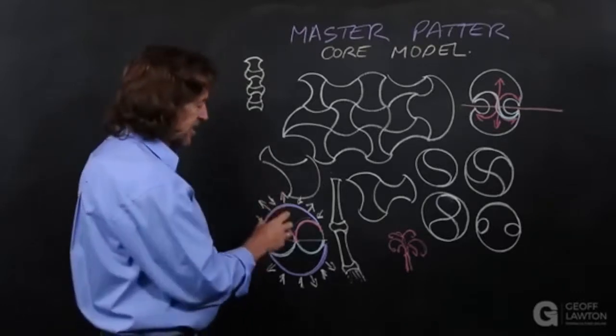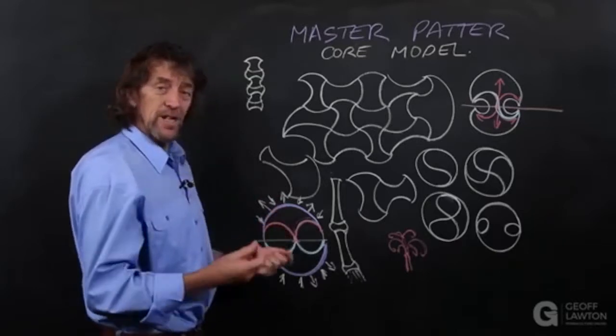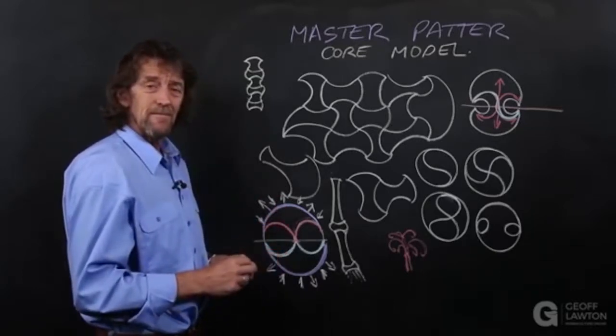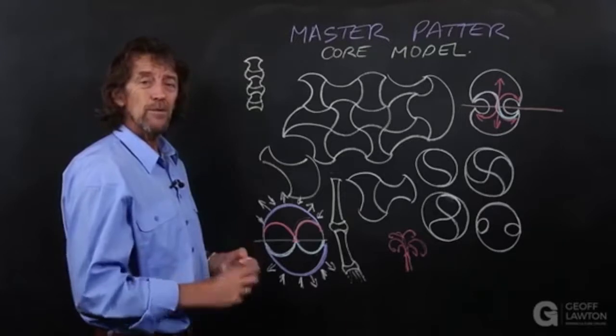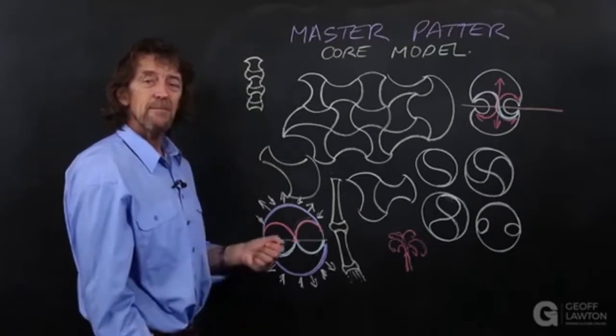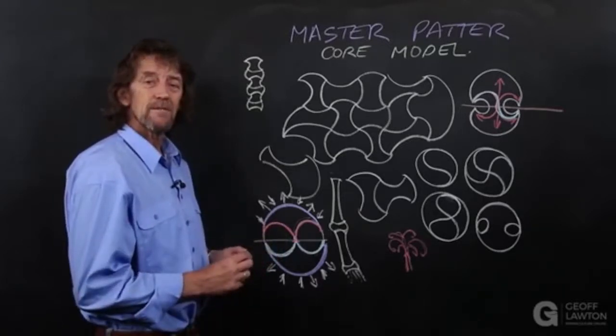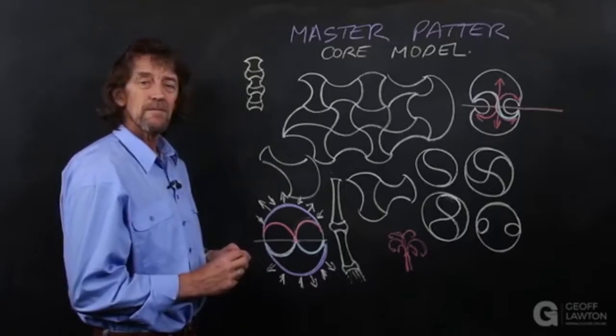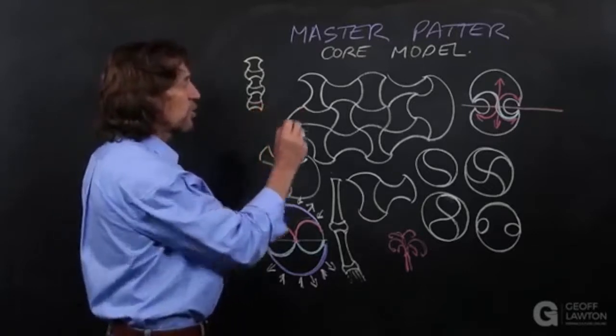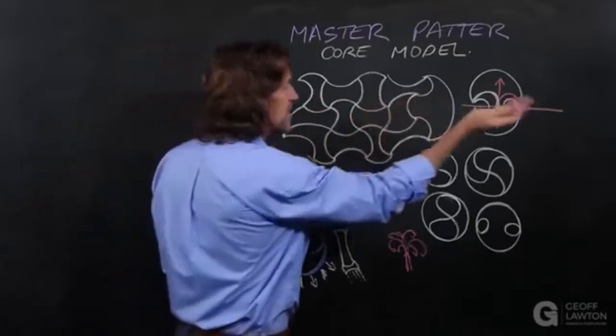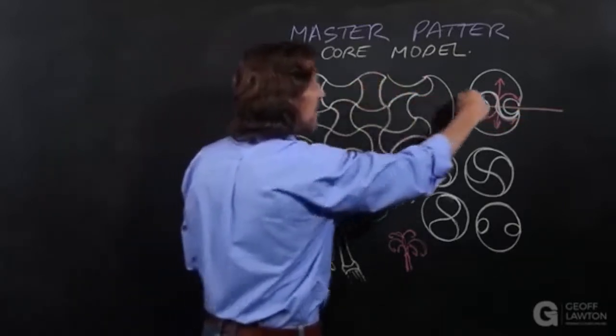So this is the same pattern in a tornado. This is the same pattern in whirlpools. This is the same pattern in trees. This is a core pattern. By dissecting this pattern, we can find waves.